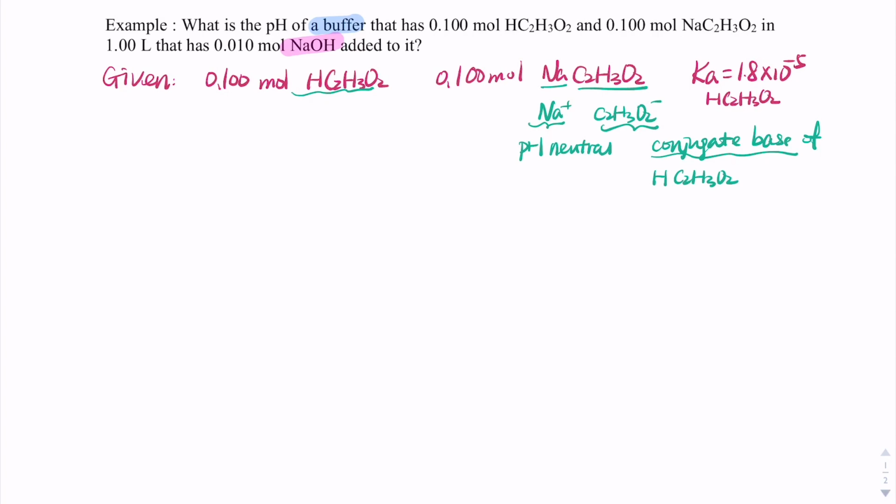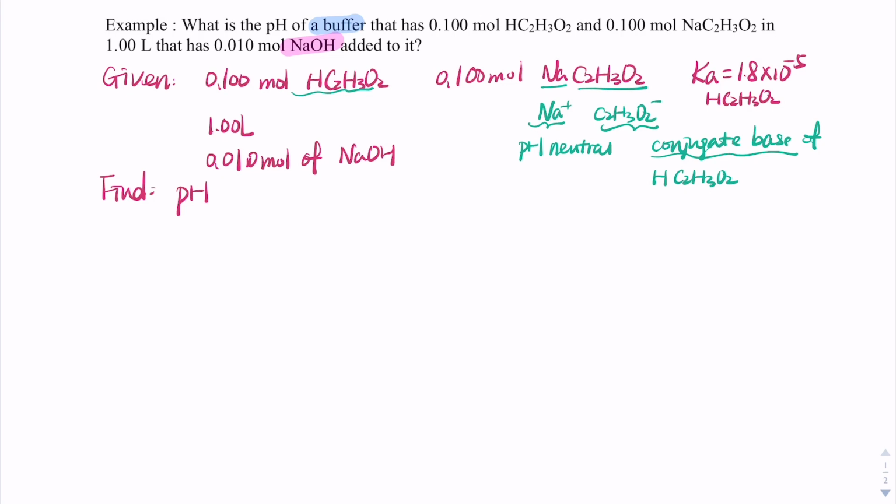One more piece of information given: this solution is 1 liter, that's your volume, and you're adding 0.01 moles of a strong base into this buffer. You're trying to find the pH of this buffer after you added some strong base. Again, the pH is not going to change much. However, let's see exactly how much it changed by doing a calculation.